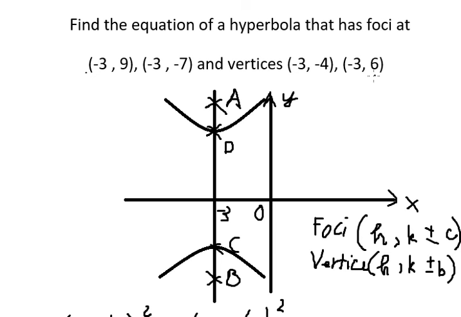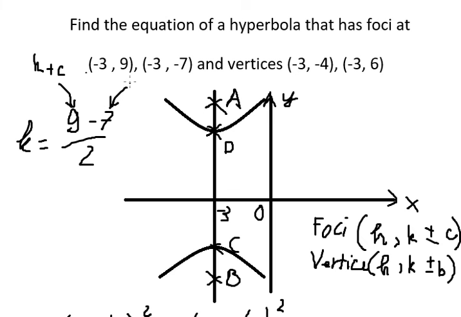We sum two points together. So I will use the foci in here. I will put 9 plus negative 7. We divide by 2. Why do we need to divide by 2? Because y in here, that's k plus c.